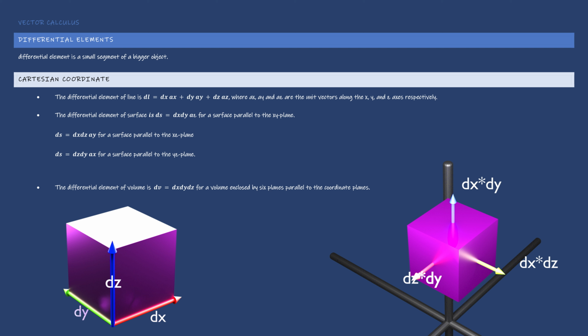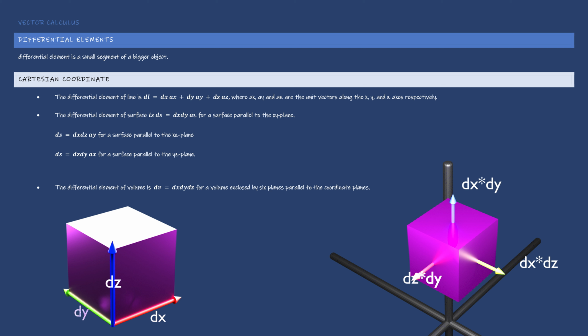Similarly, if the surface is parallel to the xz plane, then ds equal dx dz ay, and if the surface is parallel to the yz plane, then ds equal dz dy ax.